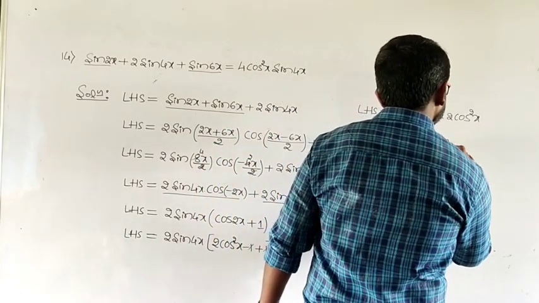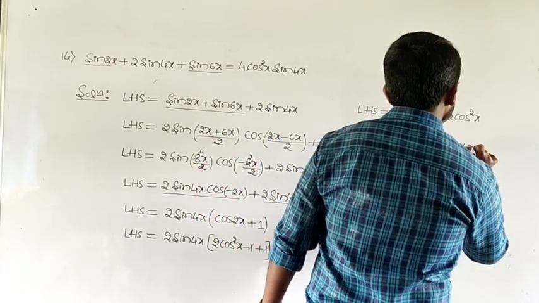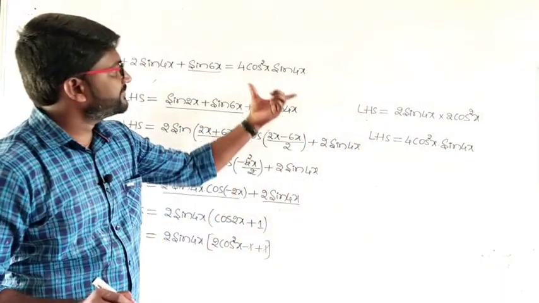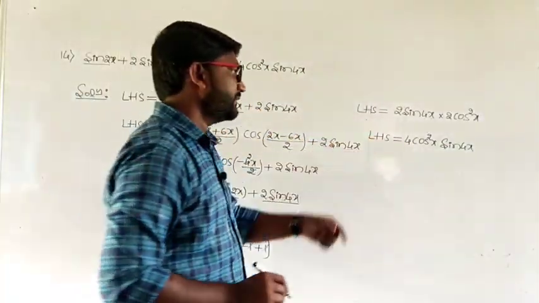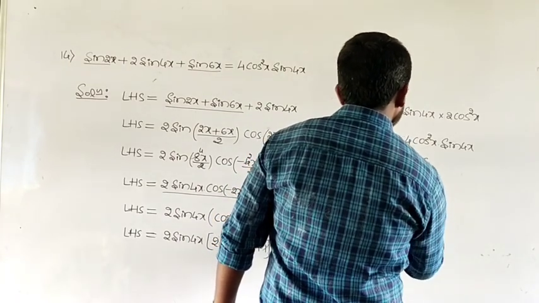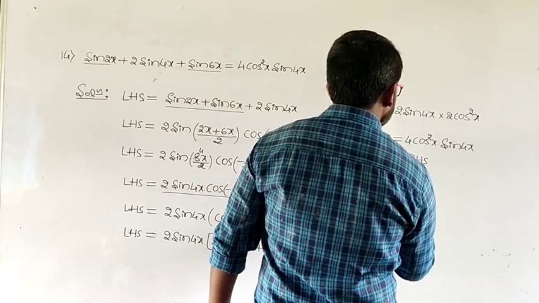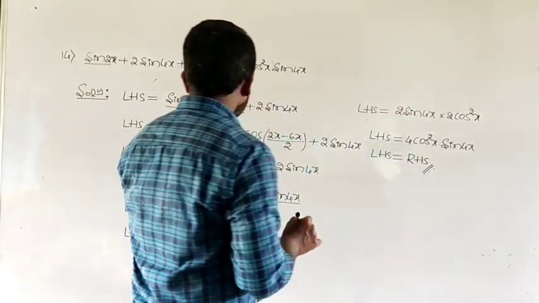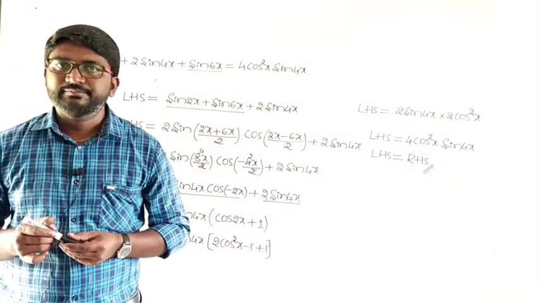So the RHS is 4 cos square x into sin 4x. This is the required RHS. LHS is equal to RHS. So this is all about the 14th problem.